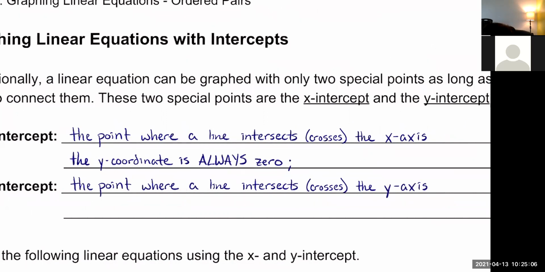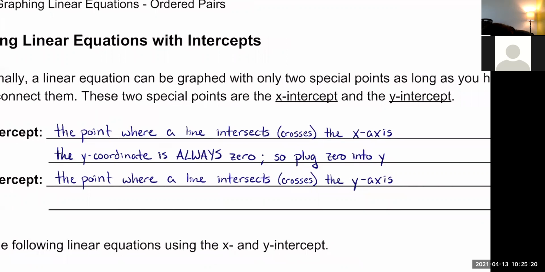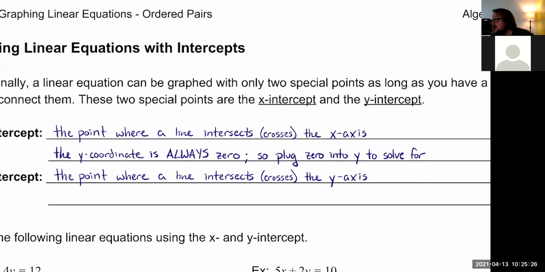So plug 0 into y to solve for what? If you replace the y with 0, you're solving for x. I'm going to highlight that.